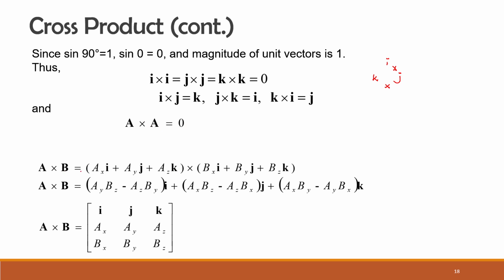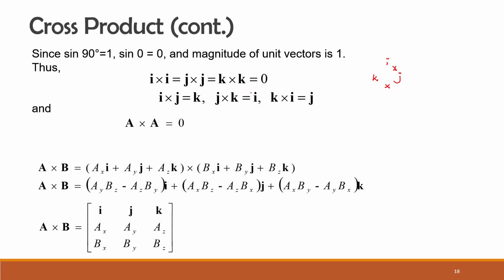Let A be AX i plus AY j plus AZ k, and B be BX i plus BY j plus BZ k. For A cross B, the result is a vector, that's why you have i, j, k. So how do we get each component?